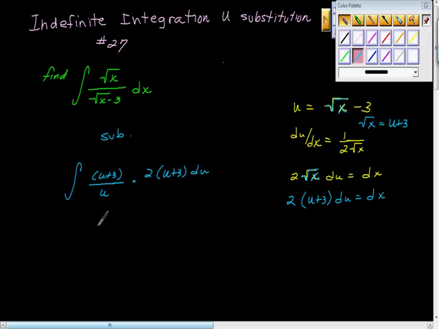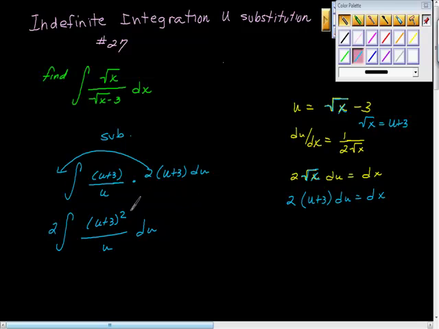So everything is in terms of u now. That looks good. If you don't mind, I'm going to take this 2 out and put it out here as a constant multiplier. So I'm just going to put 2 times the indefinite integral. I'm going to take u plus 3 times u plus 3, which is u plus 3 squared. So u plus 3 squared over u du, something like that.